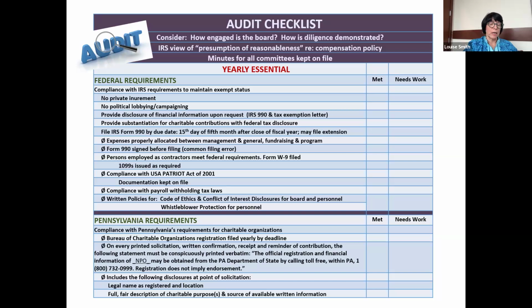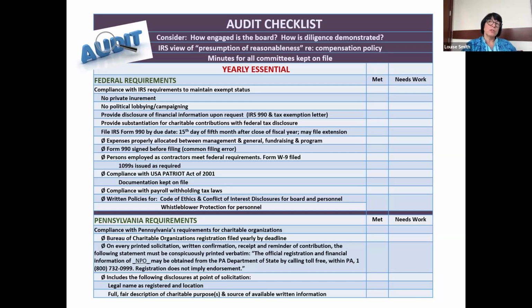Okay. And there's a number of things here. You have to file your 990 by the 15th day of the fifth month, or file for an extension. Your organization has to have done the 1099 reporting. It needs to comply with the Patriot Act and payroll tax withholdings, and you should have written policies for code of ethics, conflict of interest, and whistleblower protection, and a number of other things here.